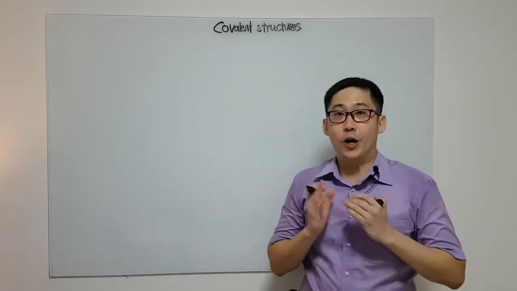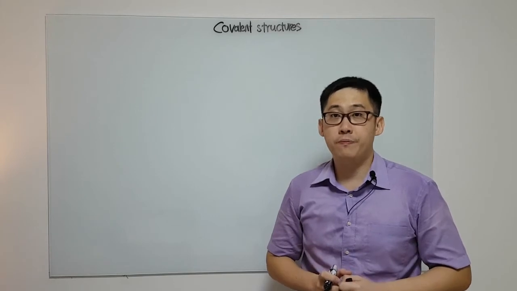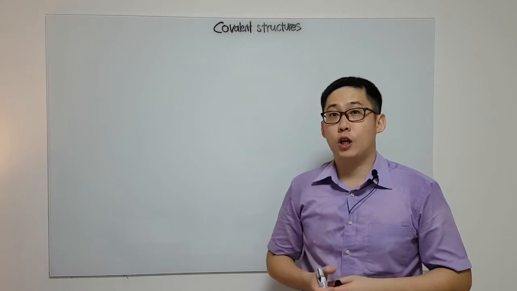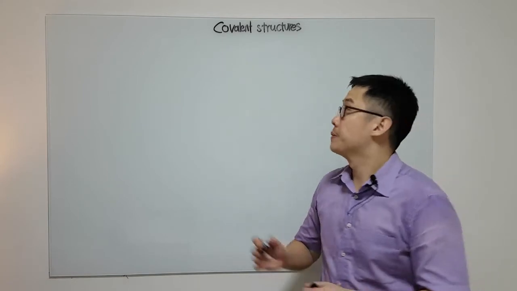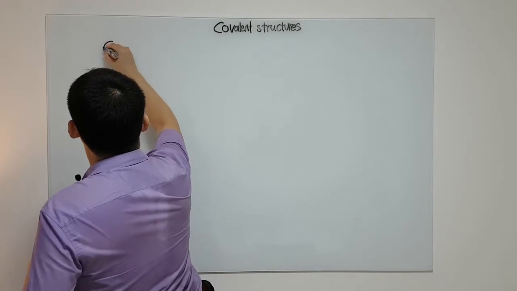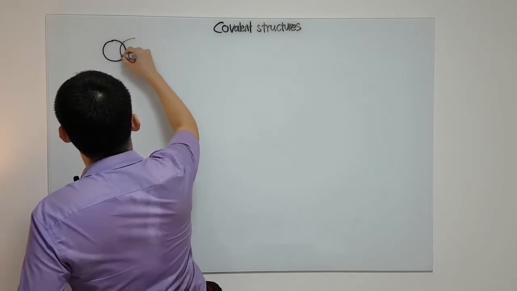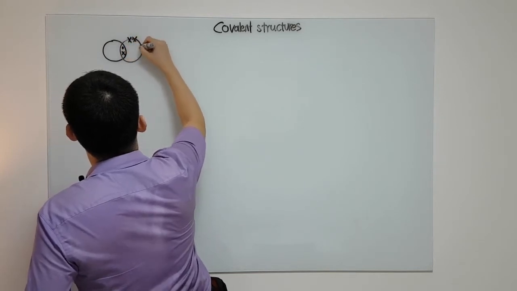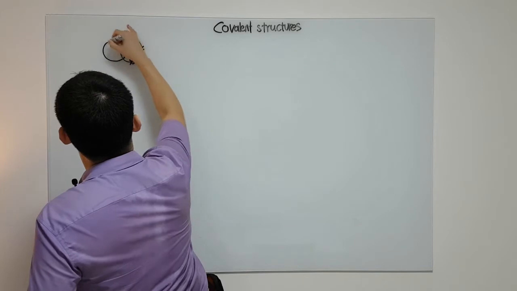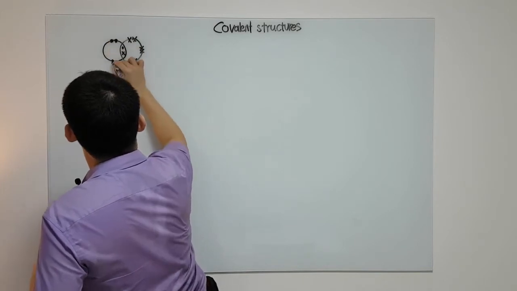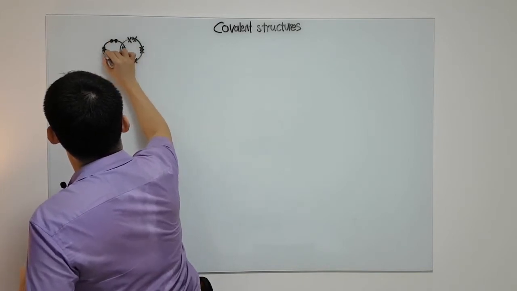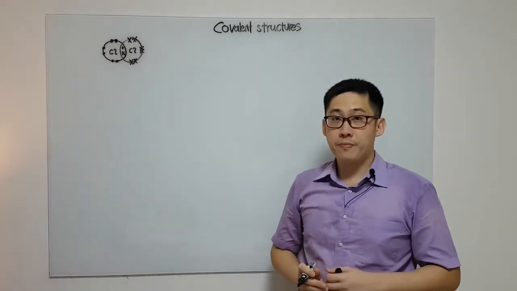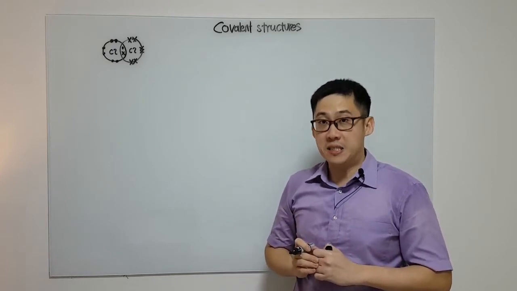Chlorine, based on our previous lesson in 7.1, will form a covalent structure with another chlorine atom that looks something like this. And this is actually your Cl2.